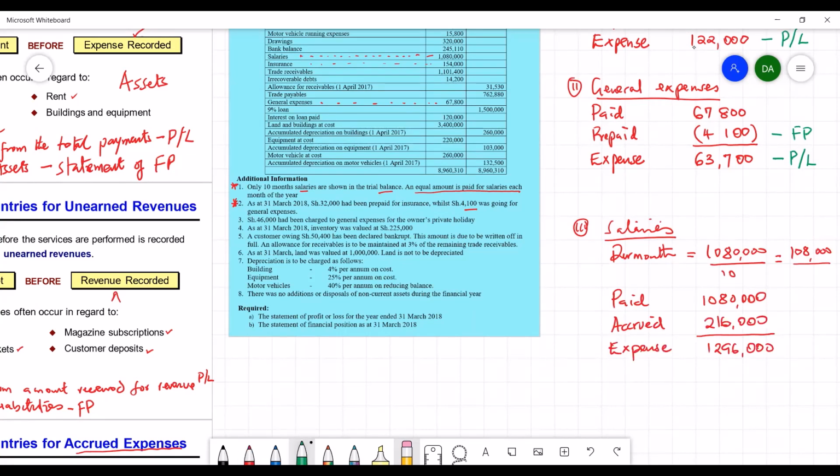Therefore, in the statement of profit or loss, we're going to have 1,296,000, and in the statement of financial position, we're going to have 216,000 as accrued expense, which is going to the current liabilities.